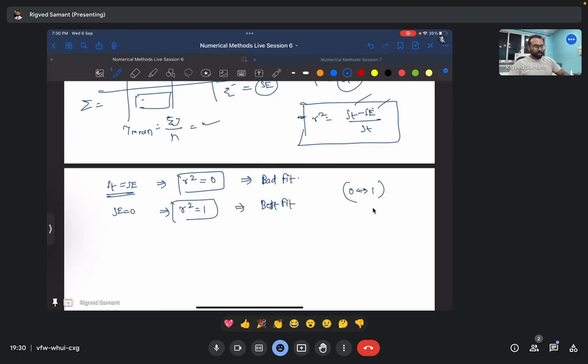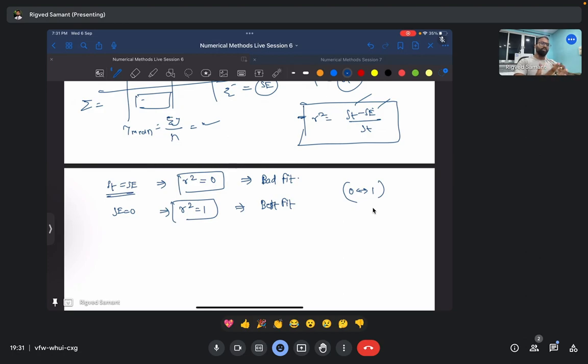Okay, the number near to 1 is usually a good fit. If you get a value somewhere around 0.9, 0.92, 0.95, your fit is very nice.